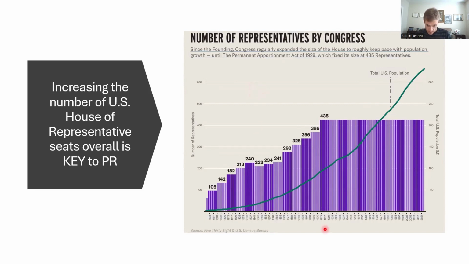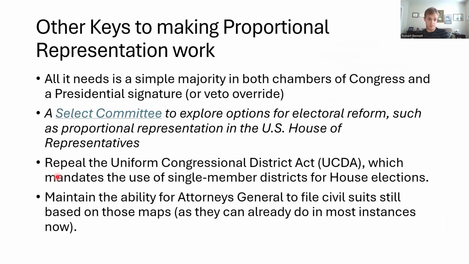It's kind of hard to see the yearly marks, but again, this 435 number was set during 1929. Before then the number was lower, and obviously it increased with the U.S. population, but it has not been increasing with the U.S. population since then. So that's a major issue that needs to be addressed.